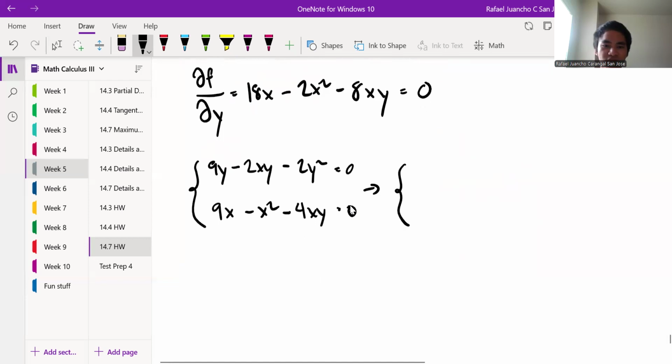Right? And then from there, now this is tricky. Why is it tricky? I have to solve for one of them in terms of the other. Okay, let me isolate my, what's easier?